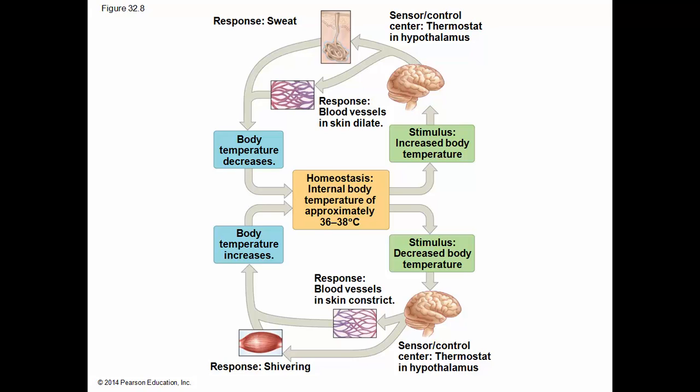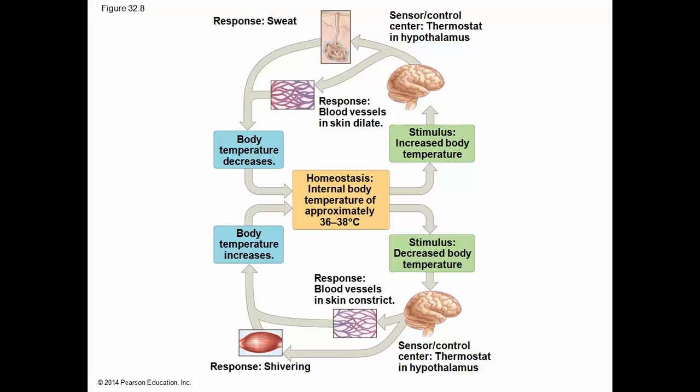Also, the blood vessels in the skin begin to dilate, and the capillaries fill with warm blood, which radiates heat from the skin surface. So this is the way that your body attempts to release heat into the environment.